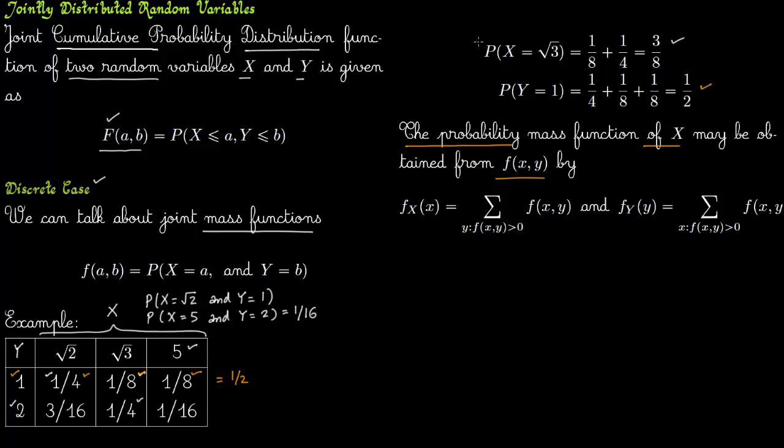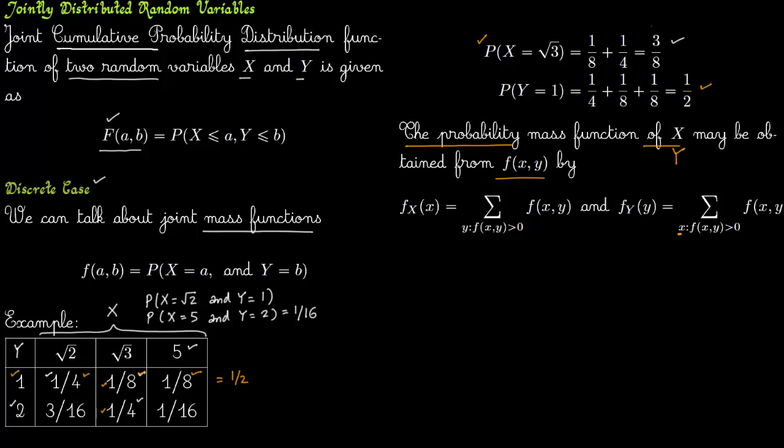This is exactly what we did here. For x equals root 3, we summed up over the corresponding values of y, 1 by 8 and 1 by 4. Similarly, you can get the probability mass function of random variable y from f(x, y) by summing up over all the values of x.